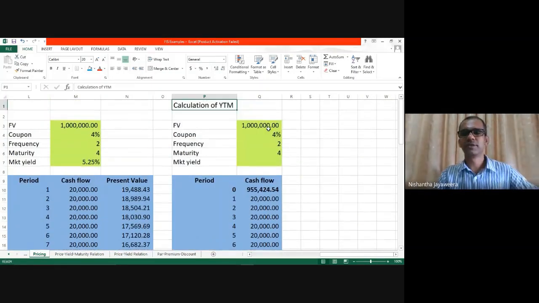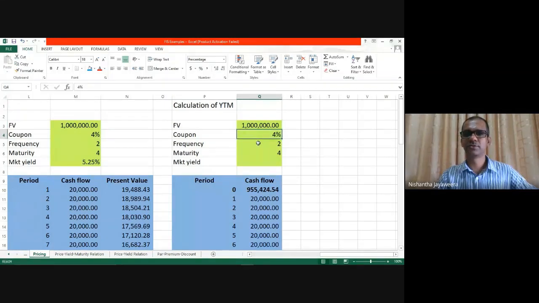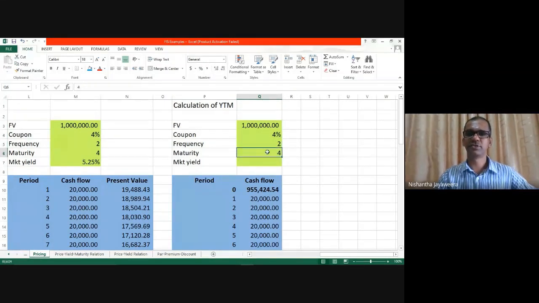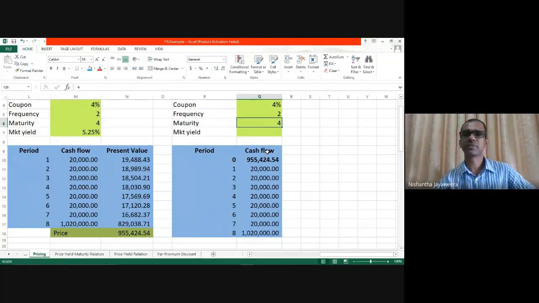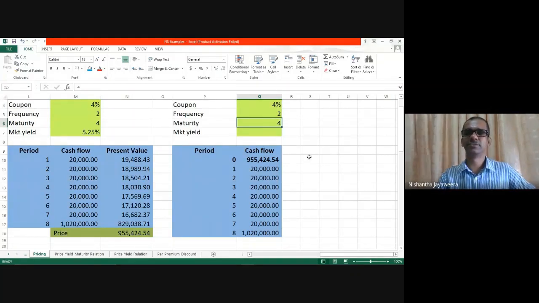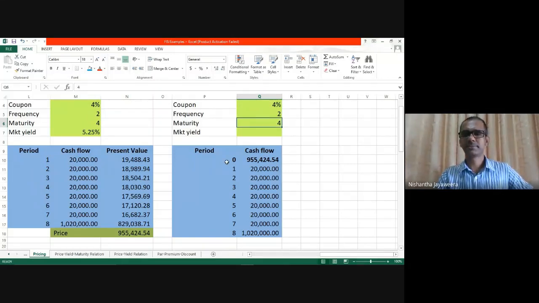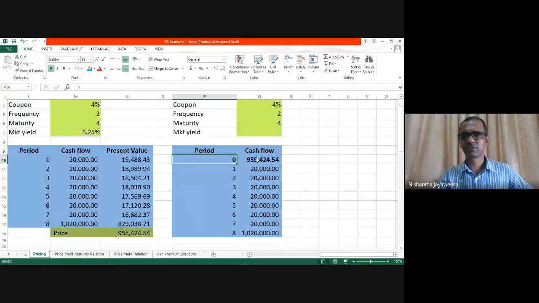For that, we should know the face value of the bond, coupon frequency, maturity period, and the price. What is the price that we are going to pay today? Then we can prepare a cash flow.